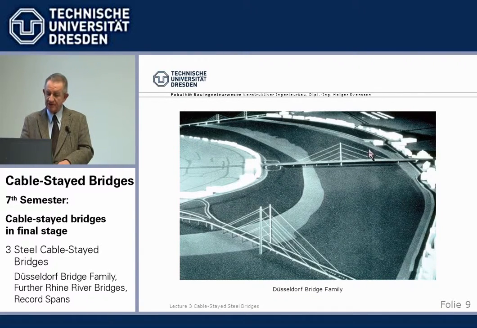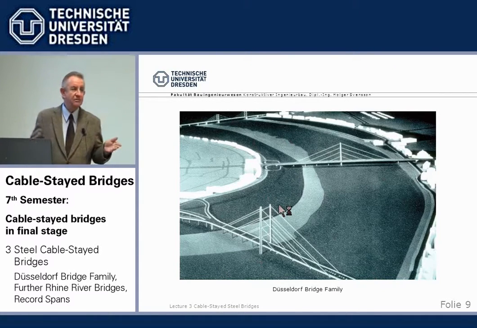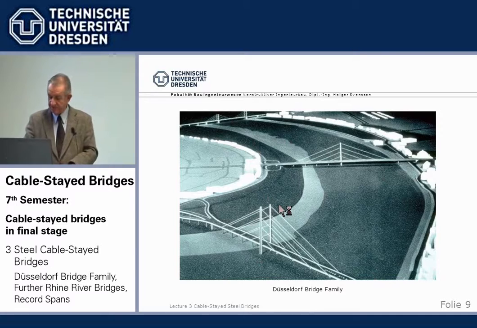Two cable planes, one cable plane tied back here and so on, they are different. But visually, the harp arrangement of cables in parallel, and if we have two towers, here we have only one, and there is no cross girder on top. That in a way makes them the bridge family.